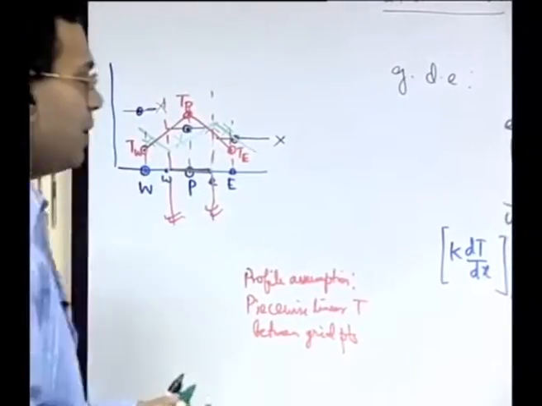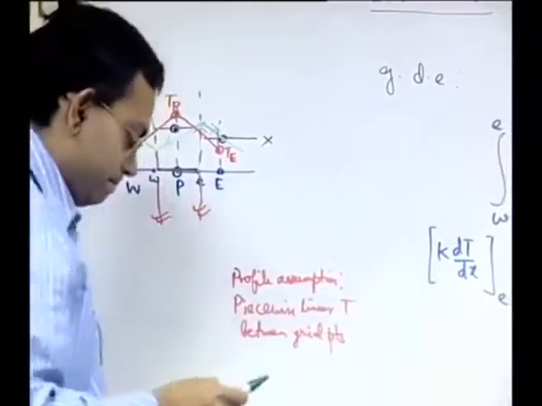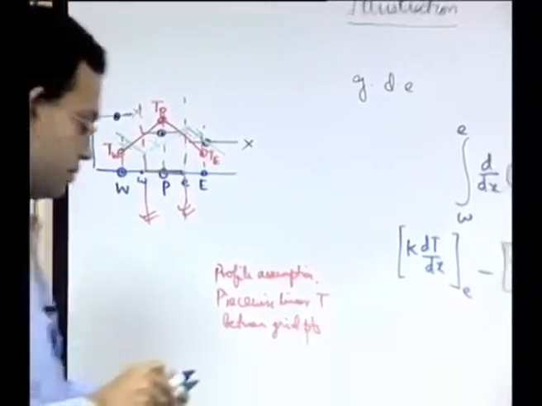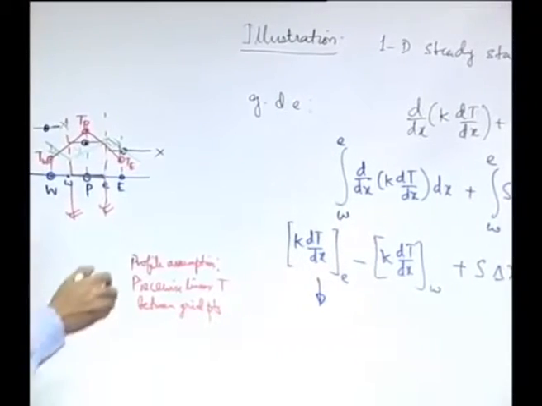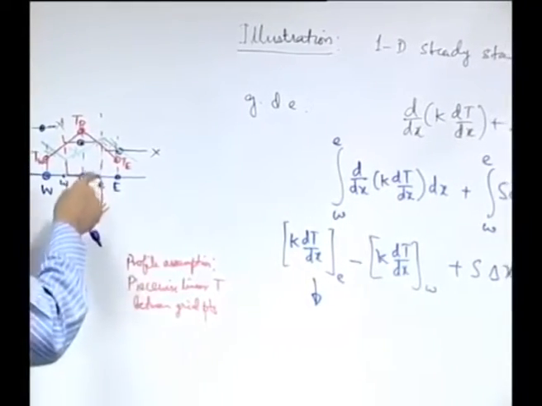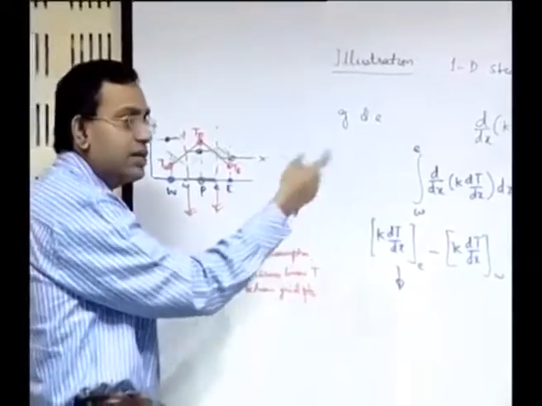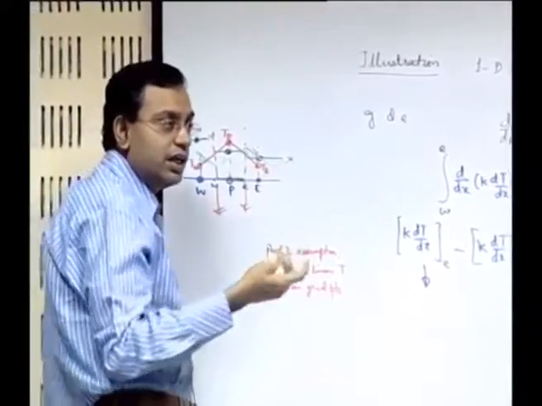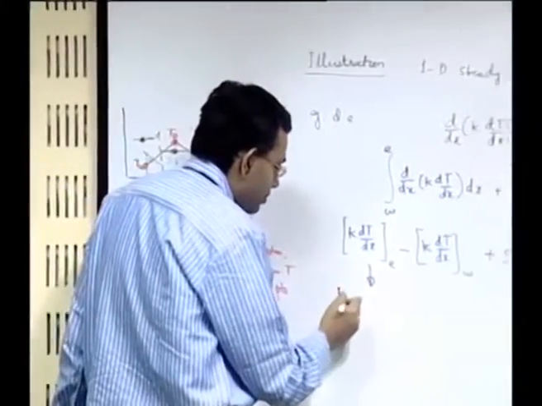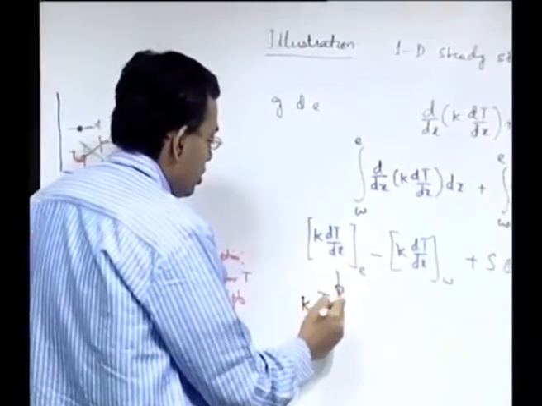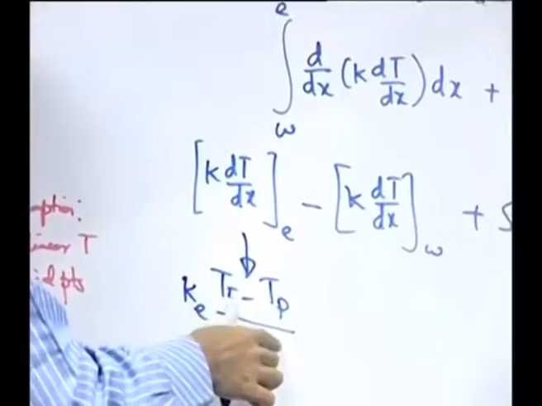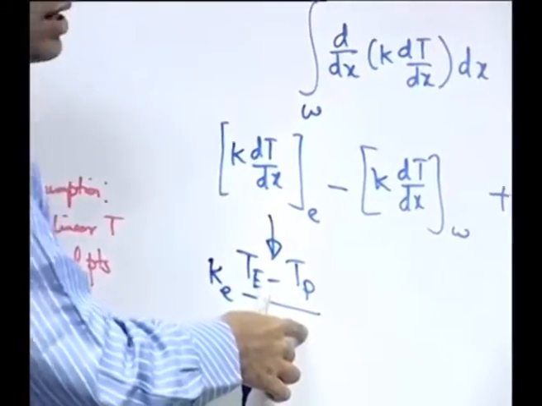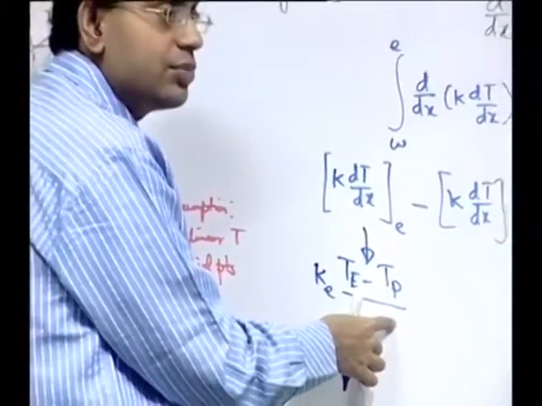So then what will be k dT/dx at small e? Because T is a linear function of x, it is (T2 minus T1) by (x2 minus x1). So it will be k at small e into (T_E minus T_P) by (x_E minus x_P). What is x_E minus x_P? That is delta x small e.